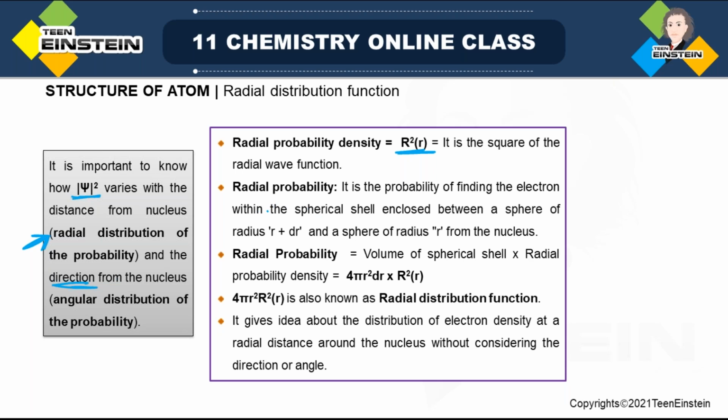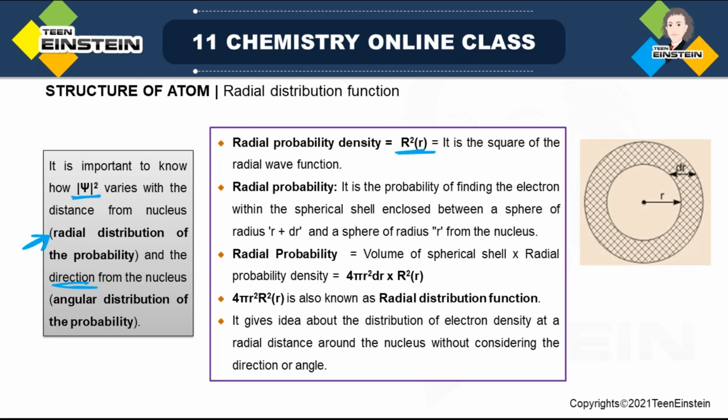And what is the term radial probability? To understand radial probability, first look at this picture. So this is the nucleus, and the distance is r for this. If you consider this circle, actually it is not a circle, it is basically a sphere. You have to imagine it in 3 dimensions, but as it is drawn on screen, it seems 2 dimensional, so imagine it as if it is 3 dimensional.